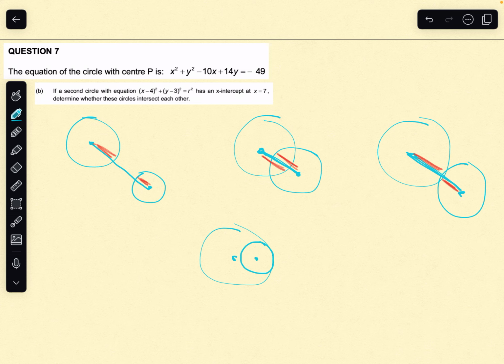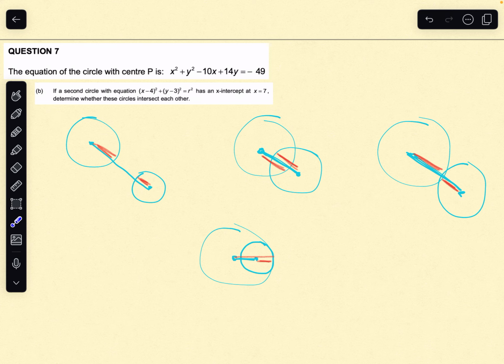Hey, can you see what happens in this scenario? Here we're seeing that the distance between the circles is smaller than the sum of the radii, right? So I guess we just have to be careful in those situations. You might find that you've calculated the distance of the centers and found that it's smaller than the sum of the radii.